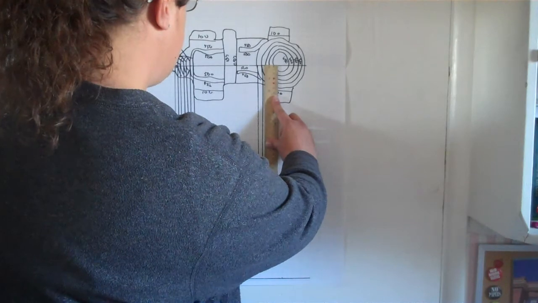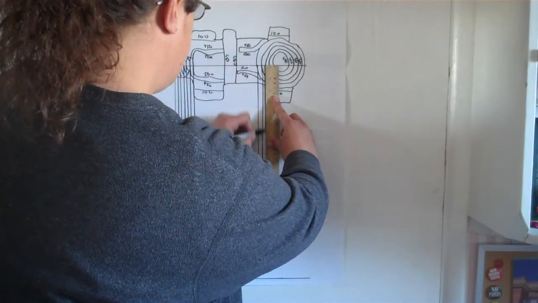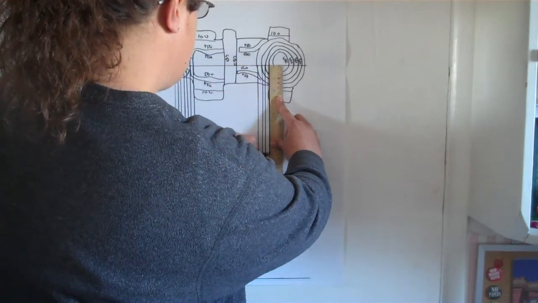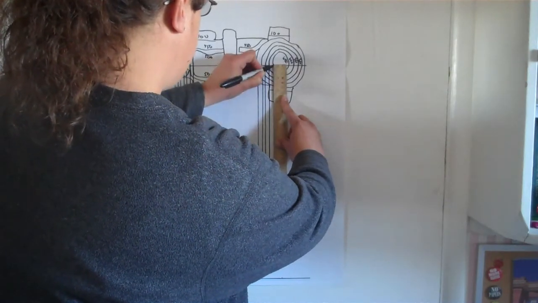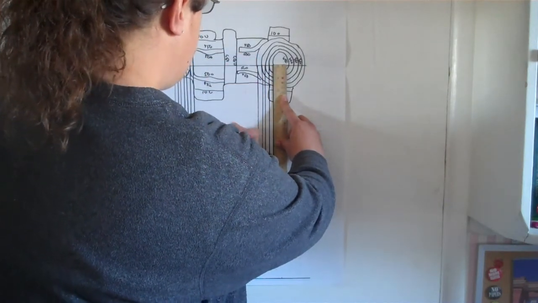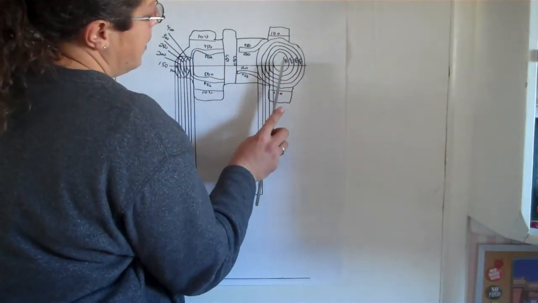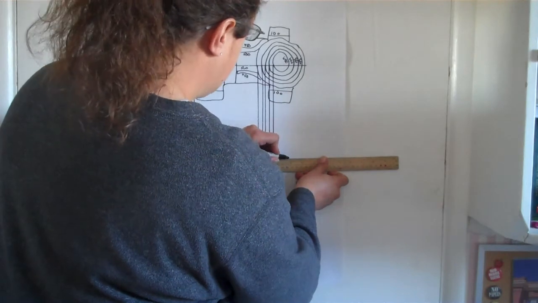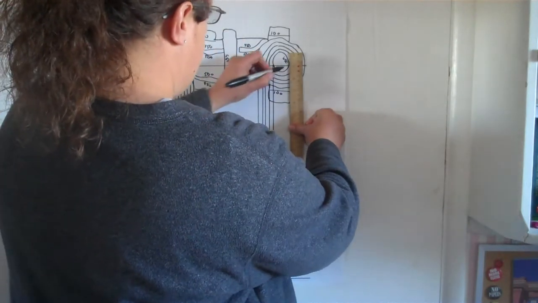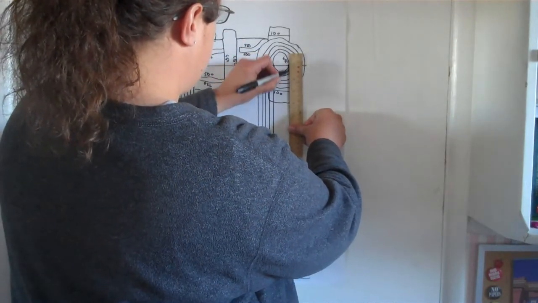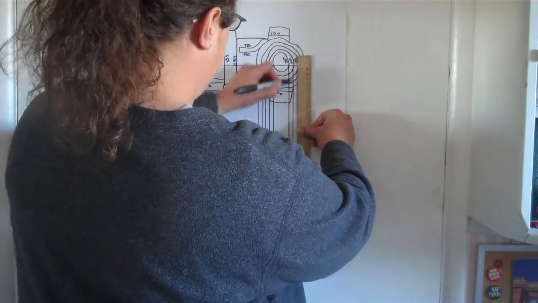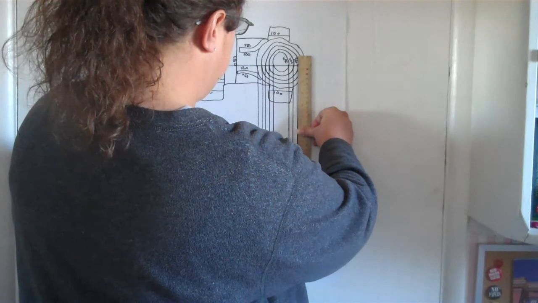Alright. The next one's going to be at 550. The next one's going to be at 600. The next one's going to be at 650. And then it's 650 from here to here. Then we're going to go back down the other side of the boot. It's getting lower.